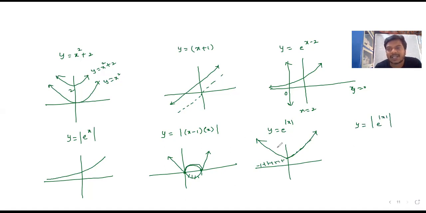E power mod x is already positive, so the same graph exists. If it had a negative portion, then we would have to make it into positive. So no need. Why? Because this is always positive. So simply the same graph exists in this way. So this is the easy way to draw the graphs of transformations. Okay.